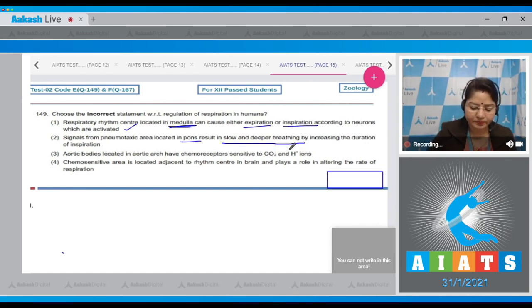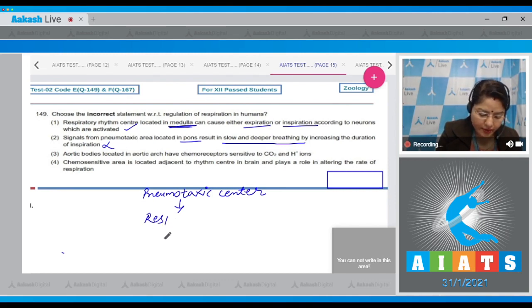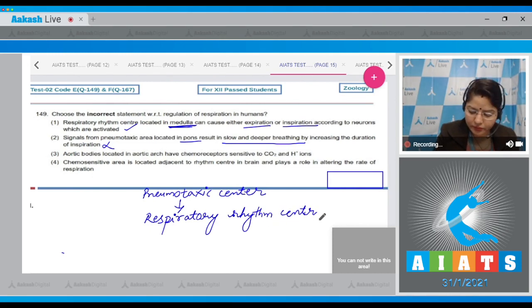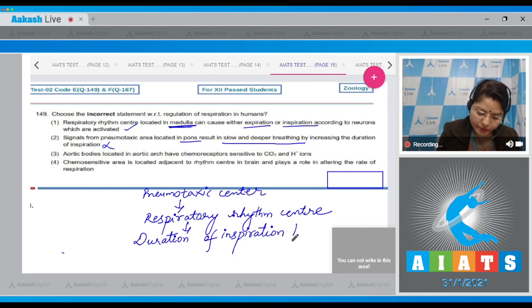Option number 2, signals from pneumotaxic area located in pons results in slow and deeper breathing by increasing the duration of inspiration. This is incorrect because pneumotaxic center inhibits dorsal group of neurons in respiratory rhythm center, duration of inspiration decreases, so there is partial filling of lungs.